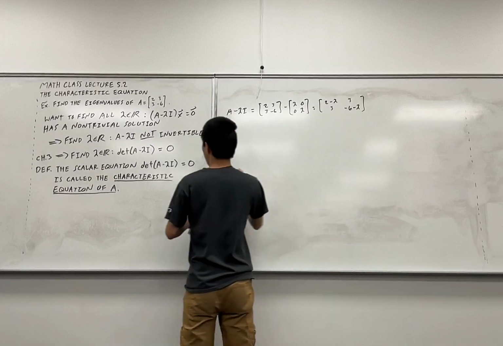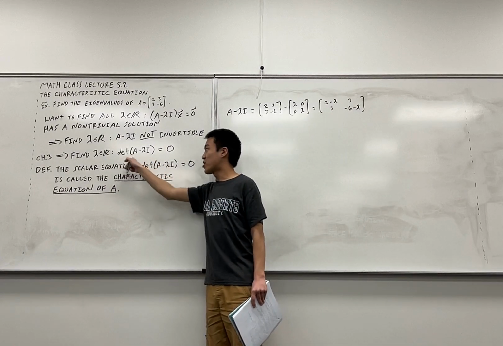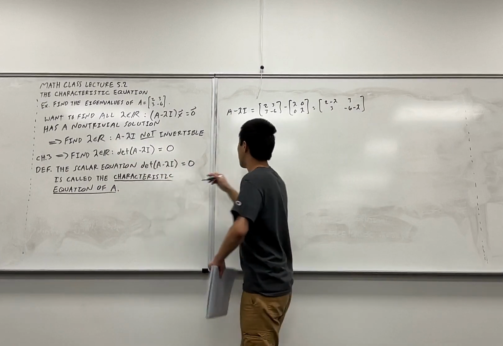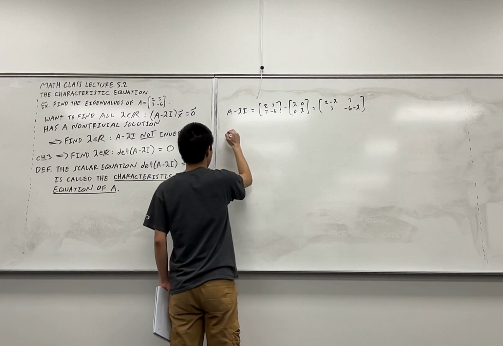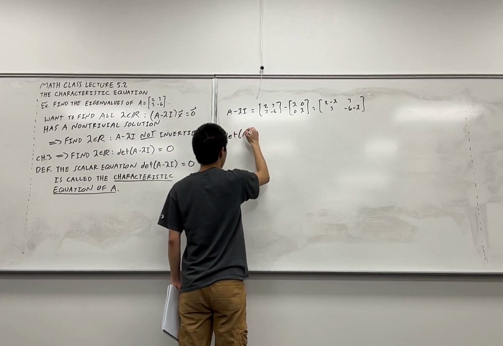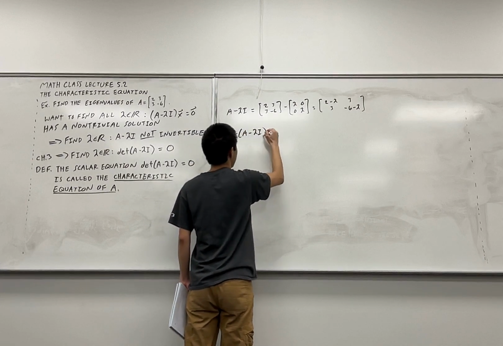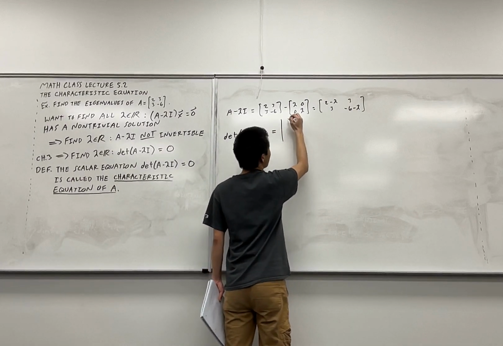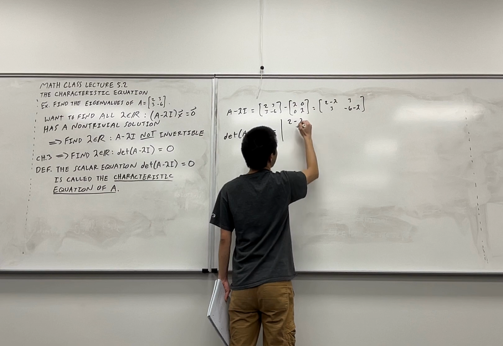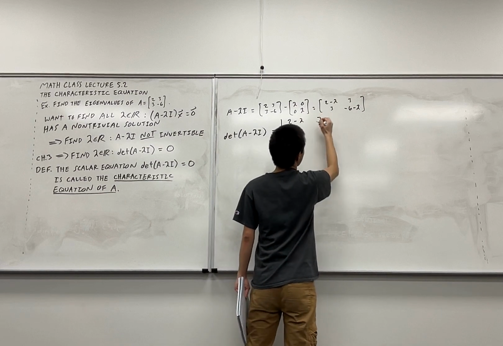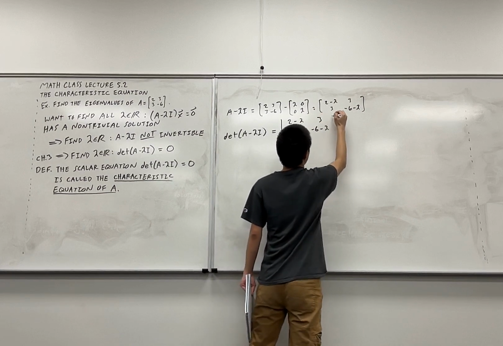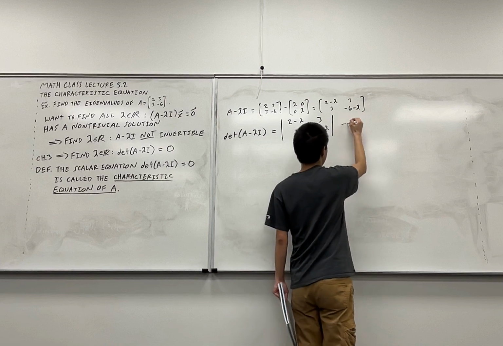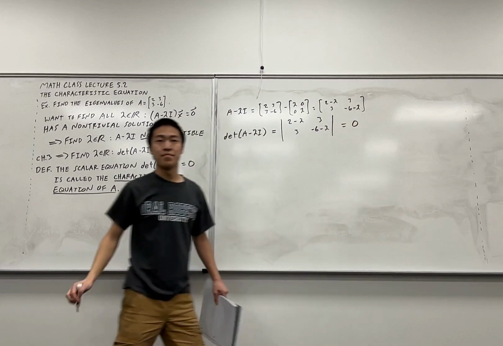And now we're told that this is the characteristic equation. The determinant of this matrix should be equal to 0. So the determinant of my 2 minus lambda, 3, 3, minus 6 minus lambda, this is supposed to be equal to 0, okay?